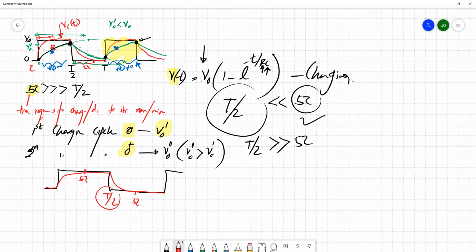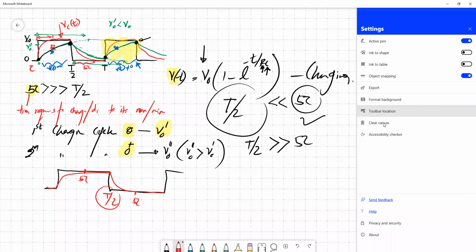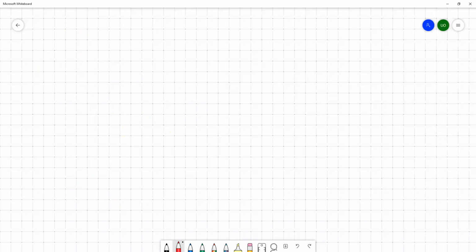Okay, now based on this, we'll try to explain the behavior of this clamping circuit. Based on this scenario, we'll try to understand how this clamper operates. We have a capacitor here, a diode, and a resistor here.